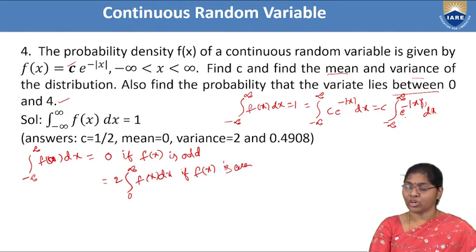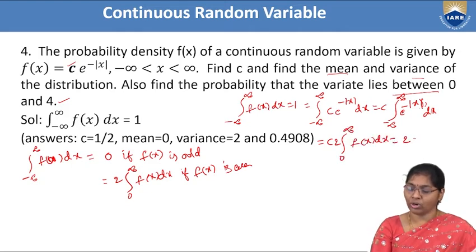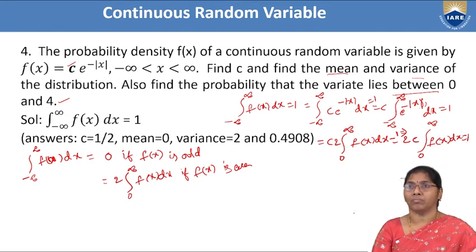Here the exponential of minus mod x is an even function. That's why I am considering c into 2 into the integral from 0 to infinity, which equals 1. That implies 2c times the integral from 0 to infinity equals 1.